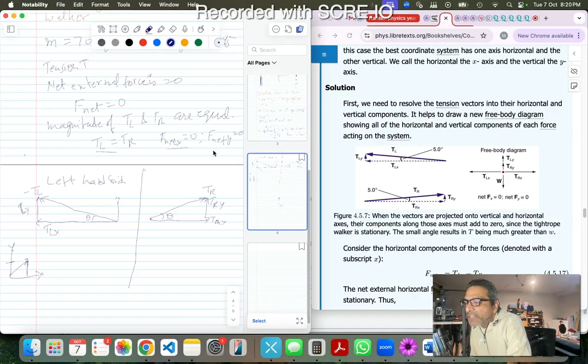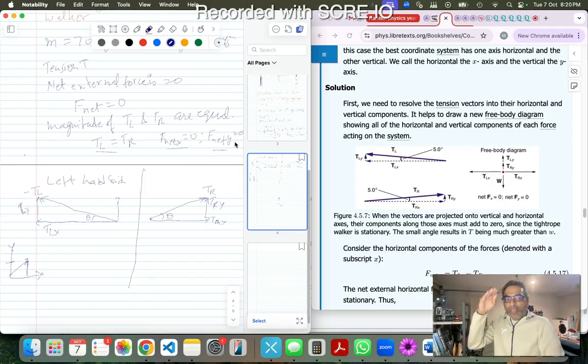Why? Because there is no movement, not only in the horizontal direction but also in the vertical direction. So both the components for X and Y are 0. The system is in a stationary position. There is an equilibrium. That's why it needs to be considered this way.